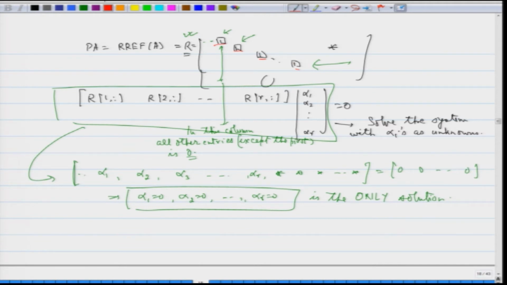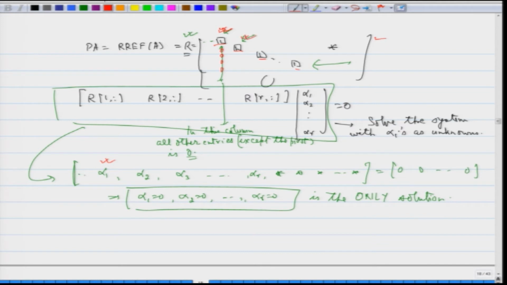Since every other entry in that pivot column is 0, alpha 1 times the first row will give me alpha 1 in this entry. All the other entries here are 0, so alpha 2 times 0, alpha 3 times 0, up to alpha r times 0 will give me 0 here. So, I will be left with only alpha 1.